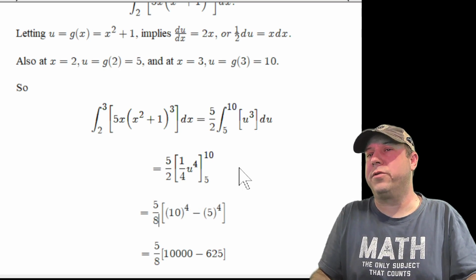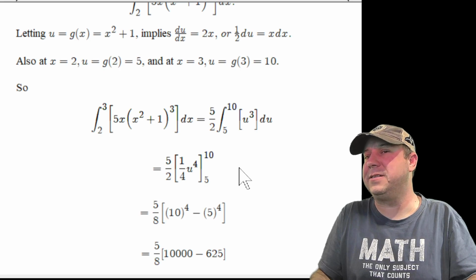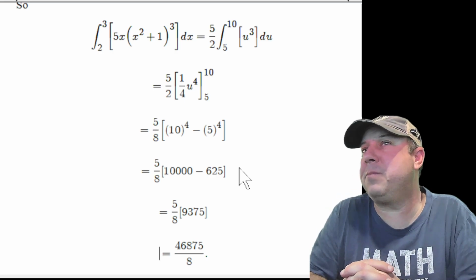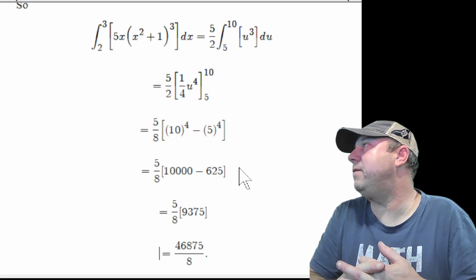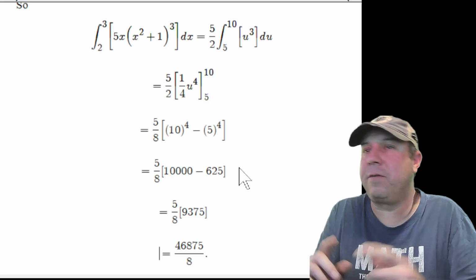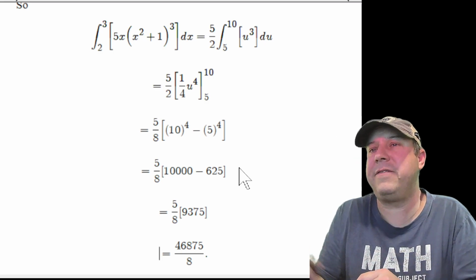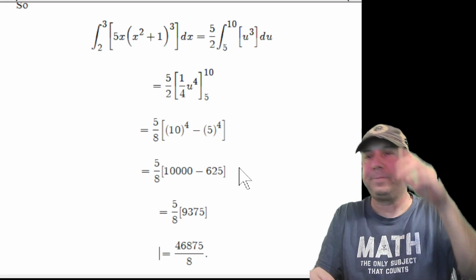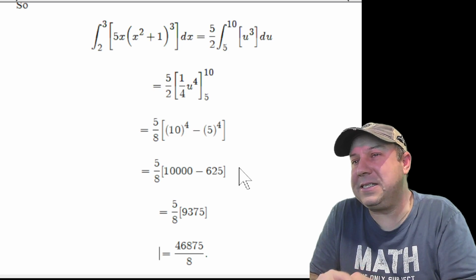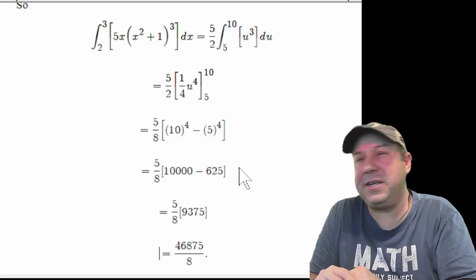That 1/4 is brought out in front as a constant multiple with this value of 5/8. So that gives us 5/8 of 10,000 minus 625, which is 5/8 of 9,375, or 46,875 divided by 8. All right. A little less than what? 6,000 in there.